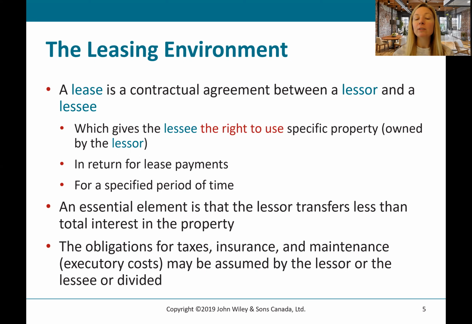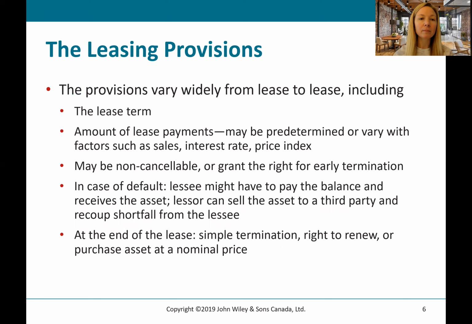The obligations for taxes, insurance, and maintenance, which are executory costs, may be assumed by the lessor or the lessee, and that's all going to be stipulated in the lease contract itself. Now, because a lease is a contract, the provisions that the lessor and lessee agree to can widely vary from lease to lease.